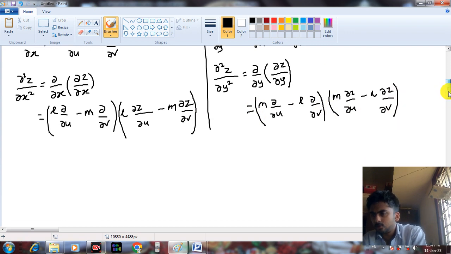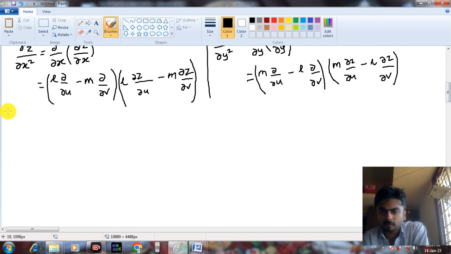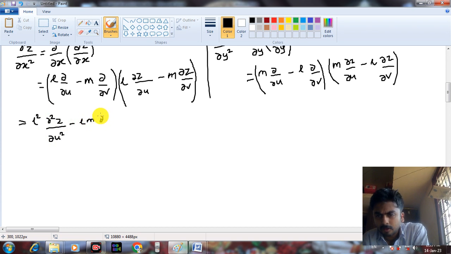Okay, so on multiplying we get l² ∂²z/∂u², then minus lm of ∂²z/∂u∂v.